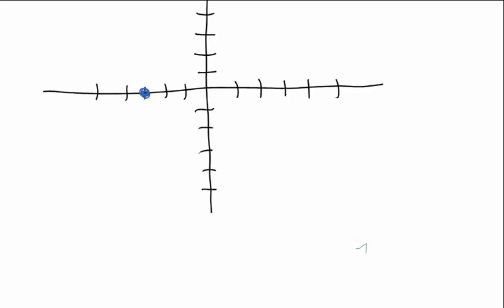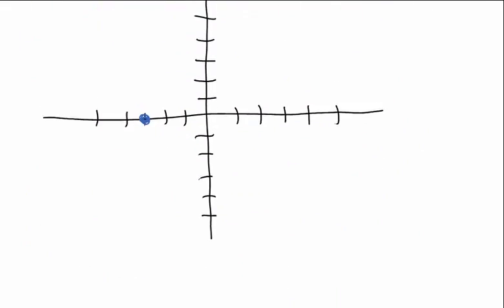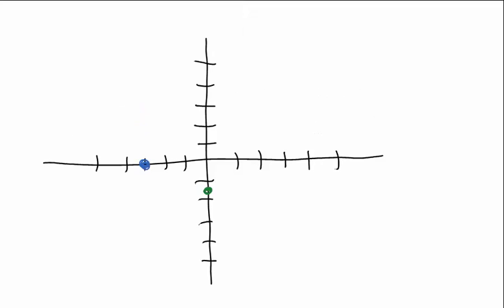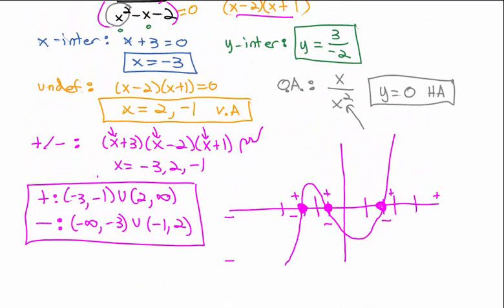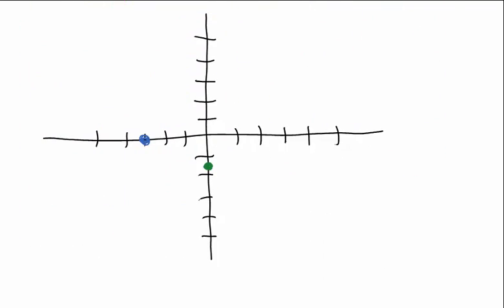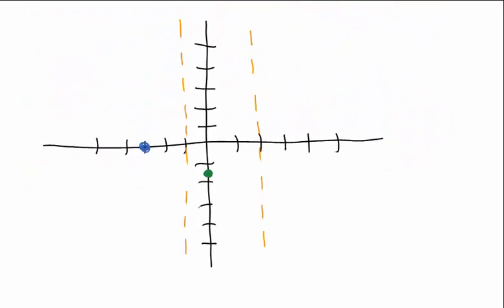Our y-intercept was at -3/2. So on the y-axis, -3/2, right here. Our vertical asymptotes, two of them, at 2 and -1. So at 2 we have a vertical asymptote, and at -1 we have a vertical asymptote. The horizontal asymptote is at 0.